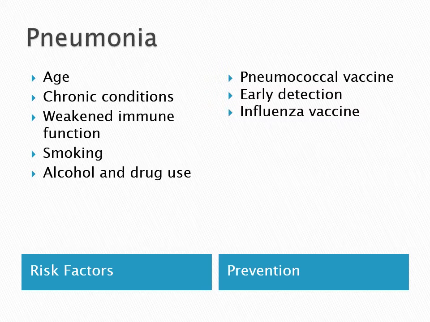There also can be an additional dose given if needed at a later date. Also, the influenza vaccine, because influenza is tied to pneumonia in many cases. And then also early detection and early treatment is key to symptom management.